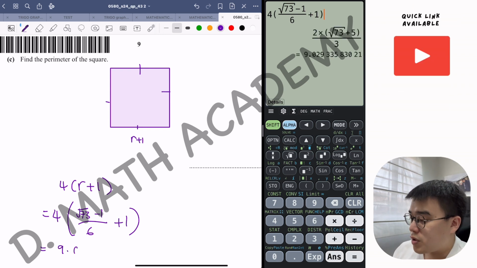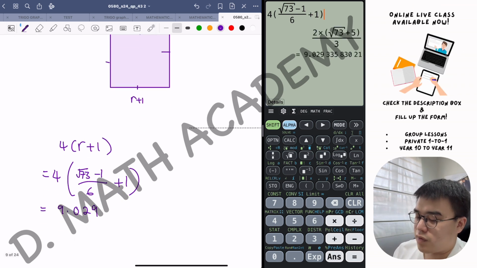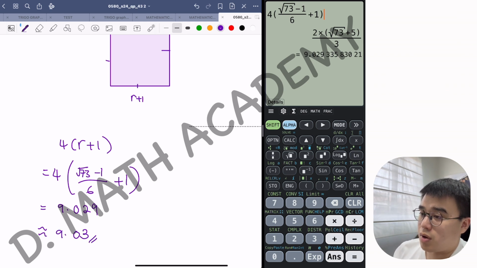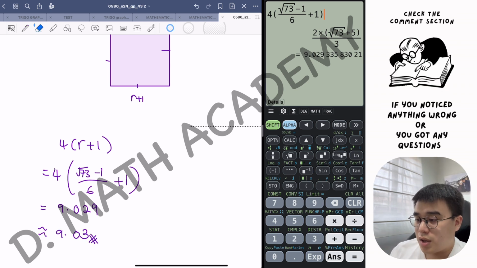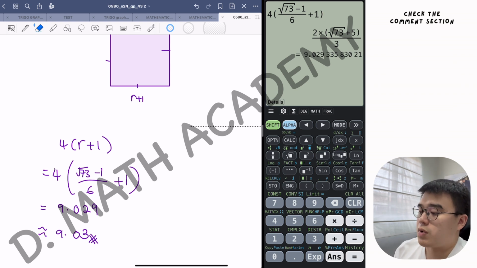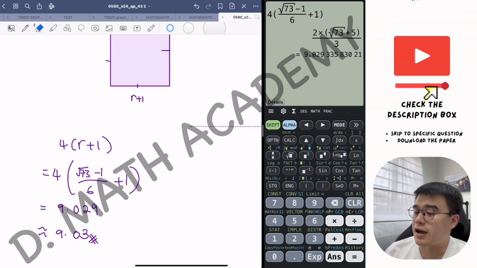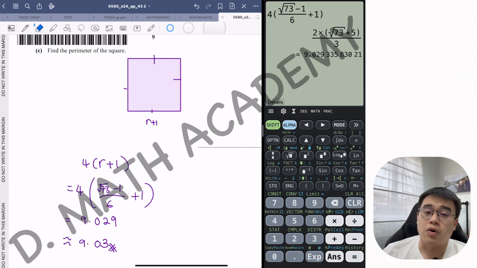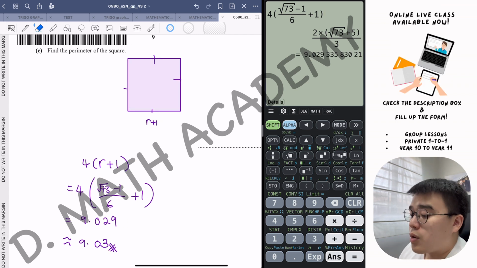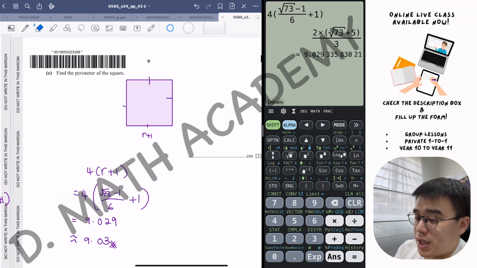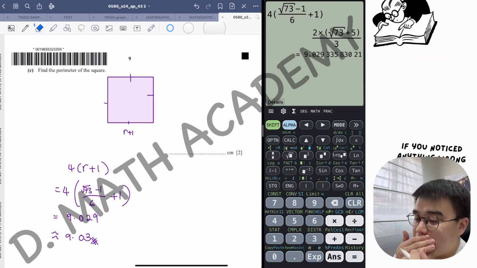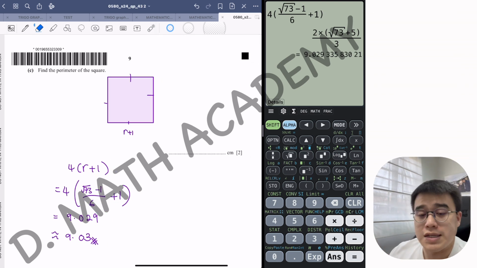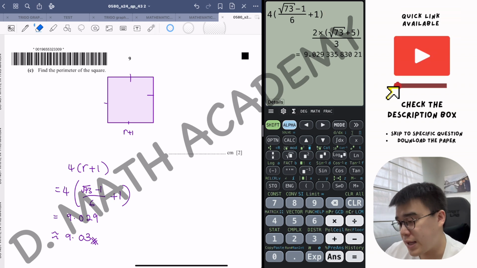So you get 9.029, and if you were to round it, the answer should turn out to be 9.03. This is when you find the exact answer. They didn't mention the term exact, so 9.03 will be the ideal answer for me. Ultimately, you can still feel free to refer back to the marking scheme and see what they advise from there.